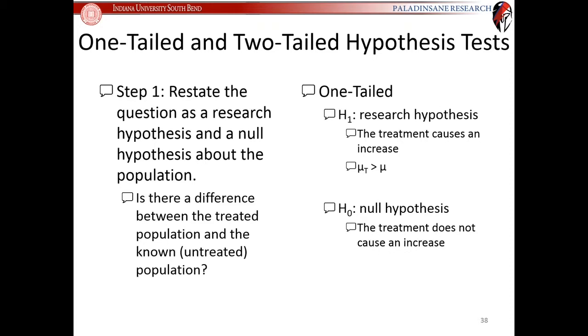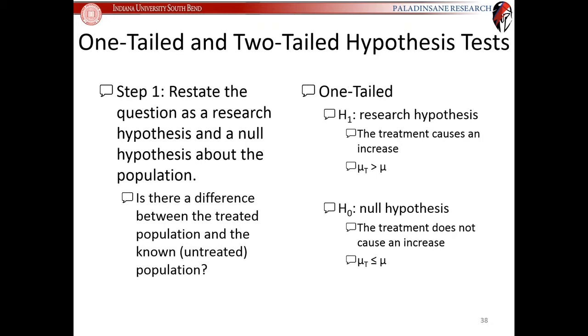So the null hypothesis here is that the treatment does not cause an increase, and that is written as your treated population mean is less than or equal to your untreated population mean. So that covers the less than, which we're not interested in, which is right there, or equal to, which is right there. Once again, covers all three possibilities.